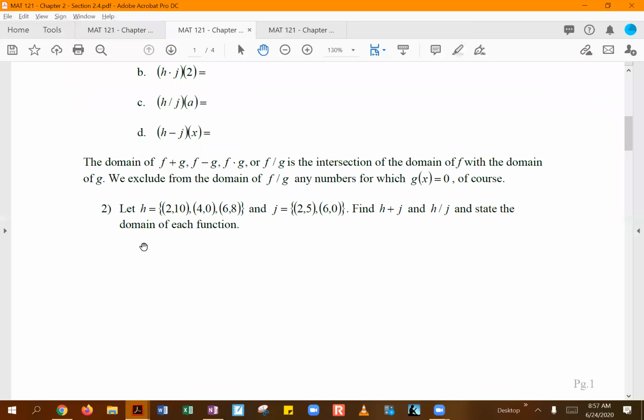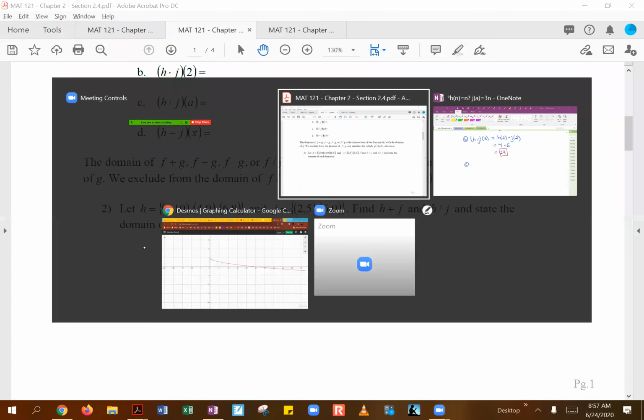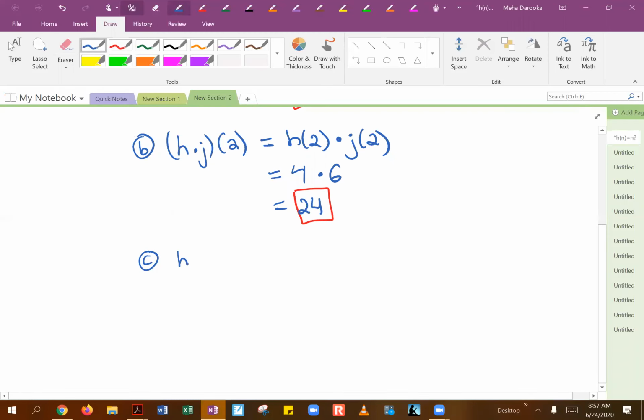So part C is h divided by j at the value of a. So let's see, h divided by j evaluated at a, which means we are doing h of a divided by j of a.